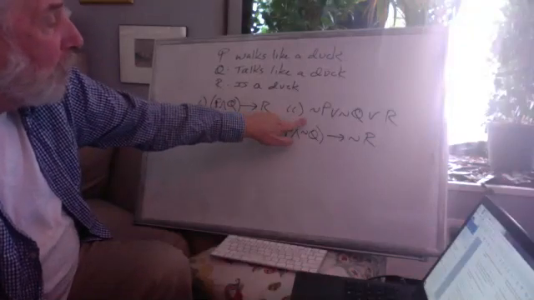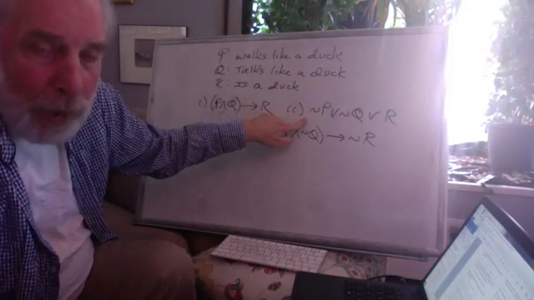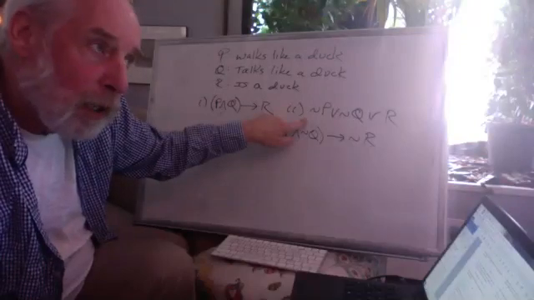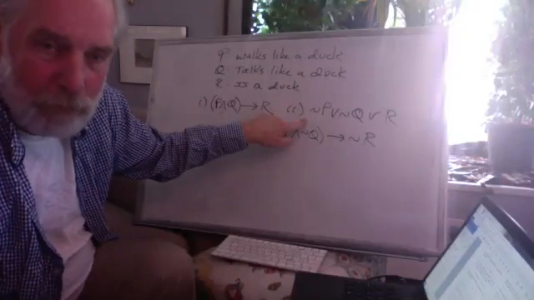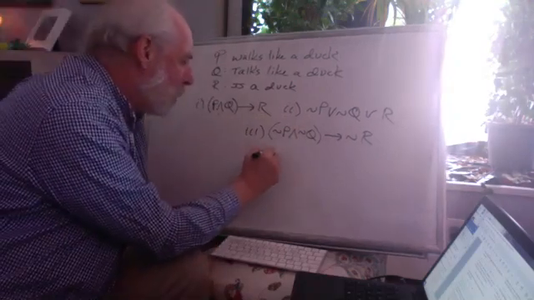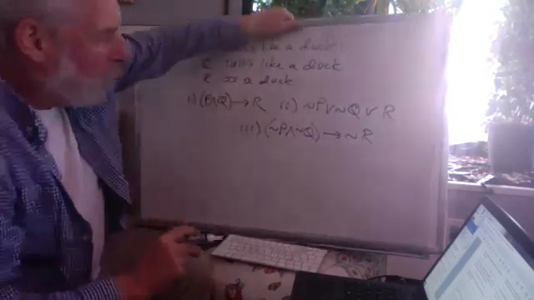Okay, so what you would want to do is set up the truth table, and that would conclusively prove or disprove your suspicions. So you're going to have P, Q, R. I don't even have enough room to do the truth tables here, so let me just get you started.